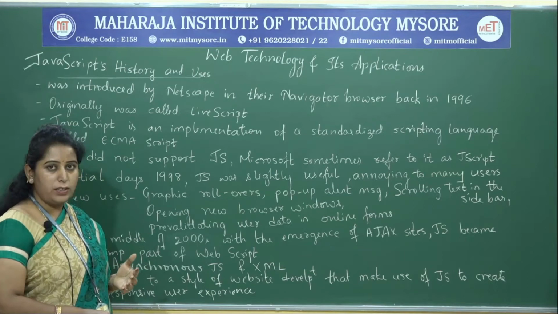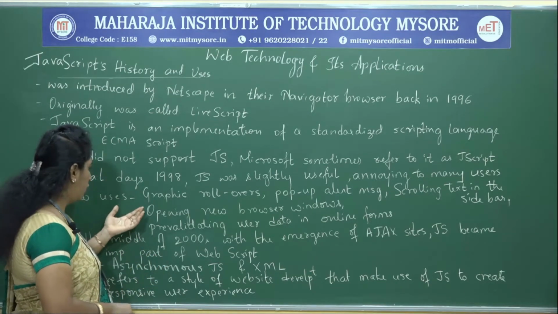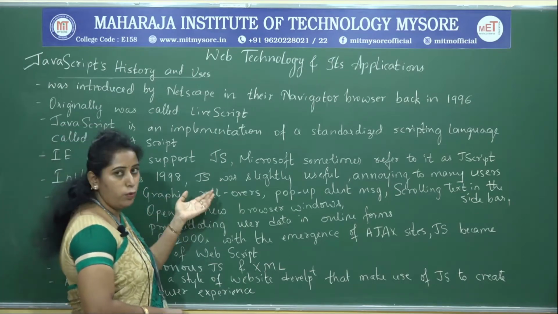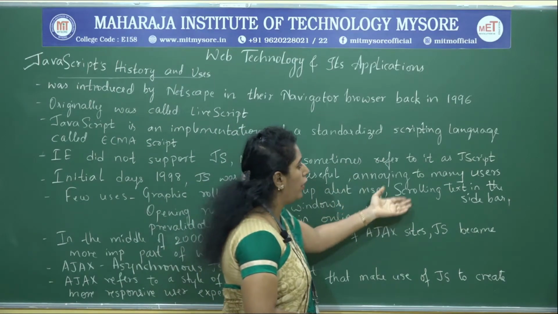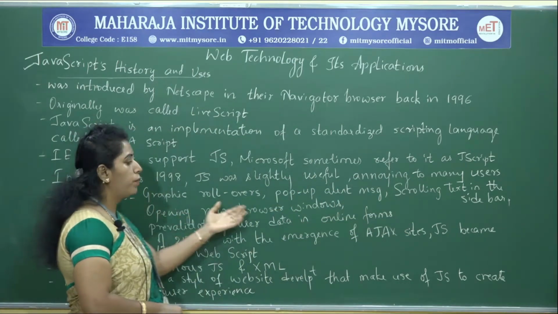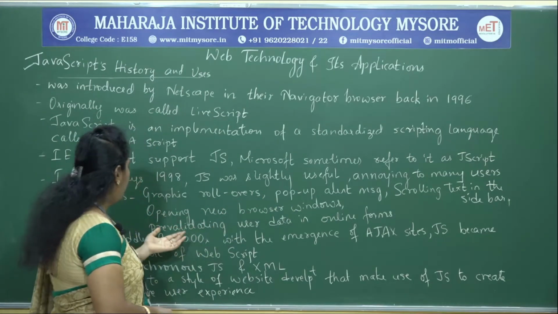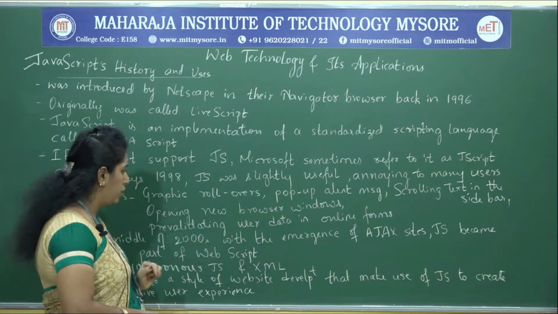Some of the uses of JavaScript in the initial days, I mean to say, and applications were graphic rollovers, pop-up alert messages, scrolling text in the sidebar, opening new browser windows, pre-validating user data in online forms.